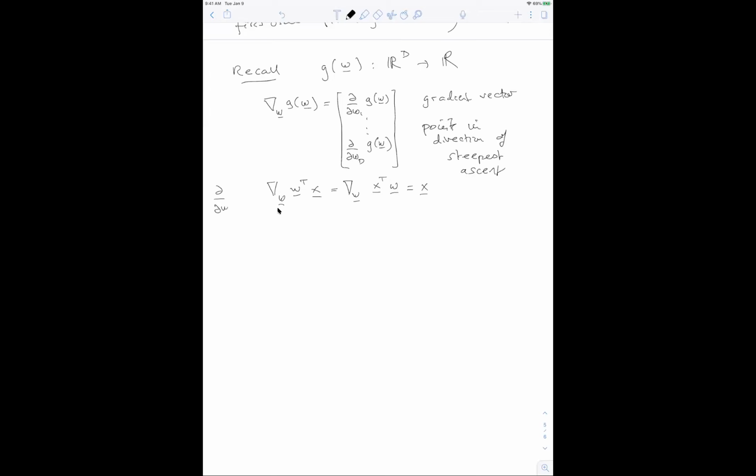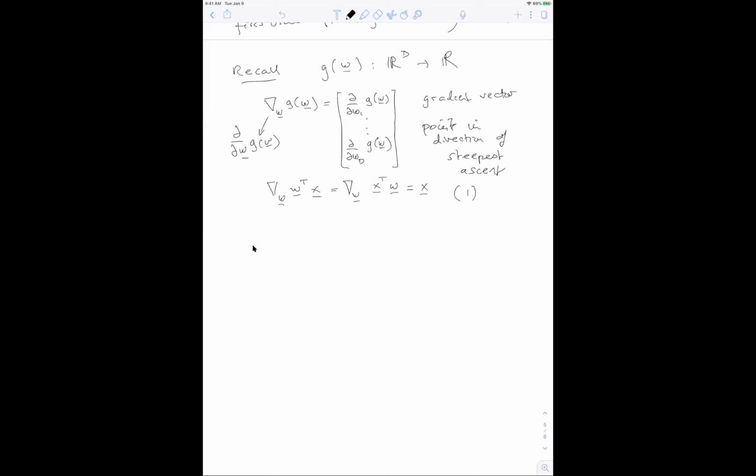Actually, we are happy to write this as well; the two things are equivalent, but just to be consistent, let me use the same notation. So this is one thing that I want you to know, and this is a linear function. So the gradient vector will just take the coefficients on the parameters that you're taking the derivative with respect to.